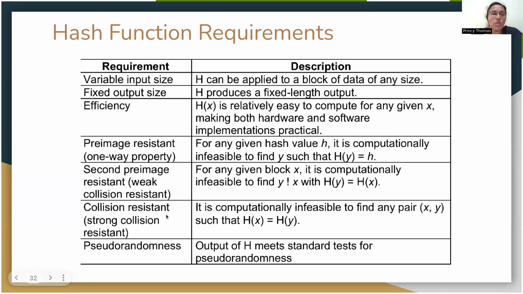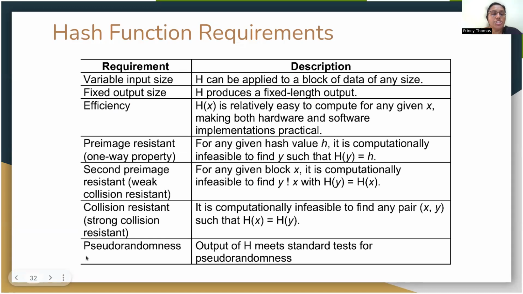Then we have strong collision resistance. It should be computationally infeasible to find two different messages, X and Y, with the same hash.